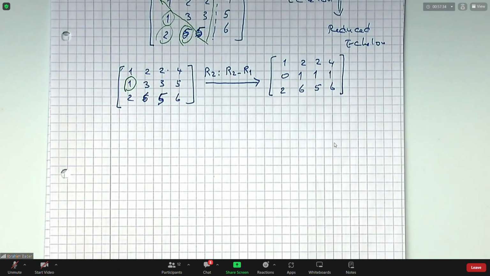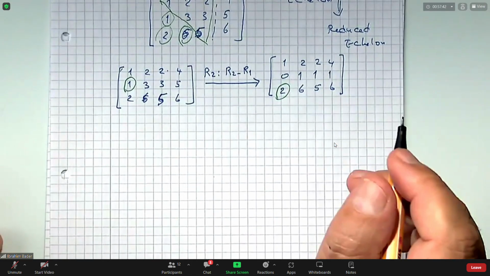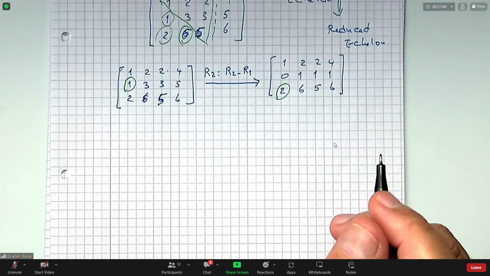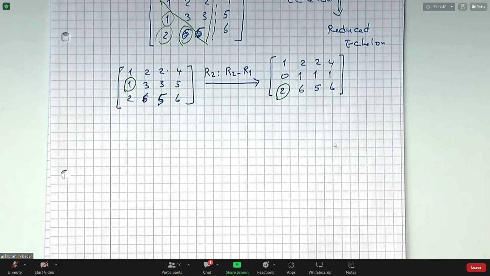Okay, now the next step, I will eliminate this element here. And obviously here, I can't use row number 2 because it's 0 there. Whatever I multiply there, it will not work. So I need to work with row 3 and row 1.